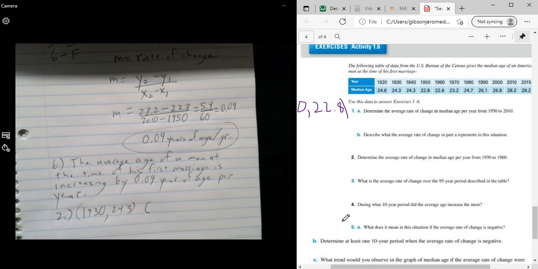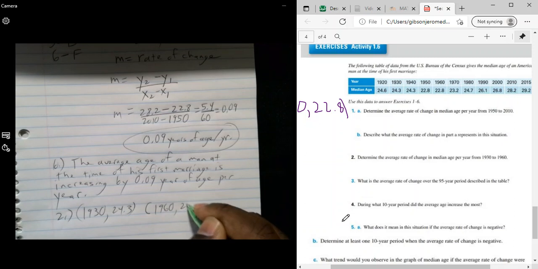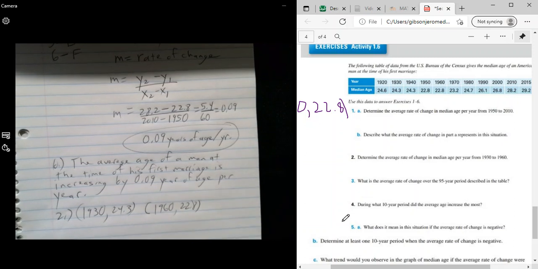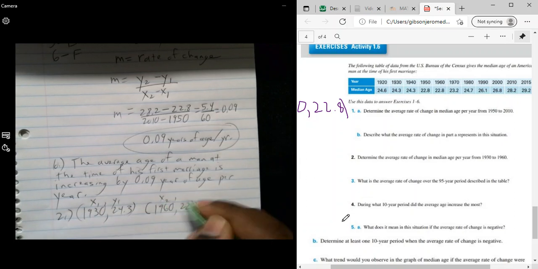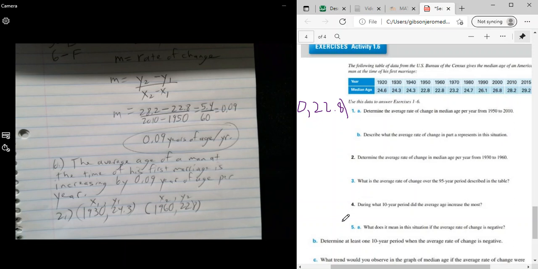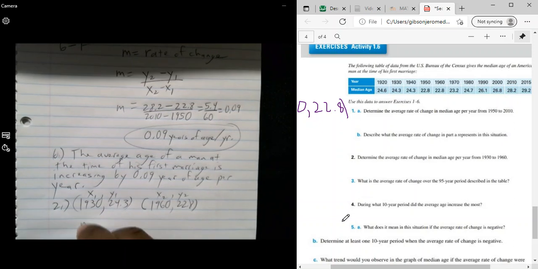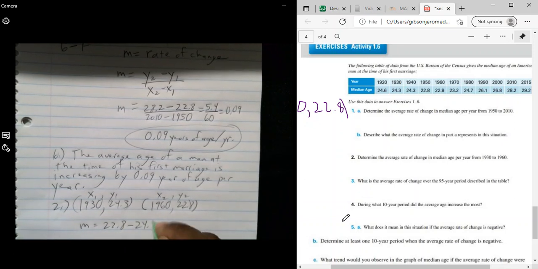And then 1960, we had 22.8. So again, we have x sub 1, y sub 1, x sub 2, y sub 2. And then we go through and do our slope. Now we know y sub 2 goes first, minus y sub 1, all over x sub 2 minus x sub 1.